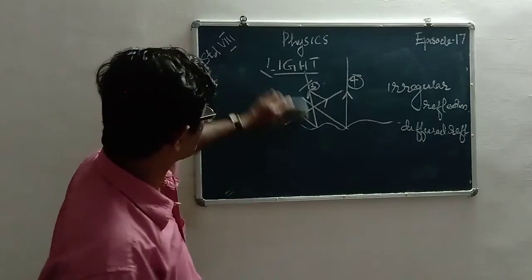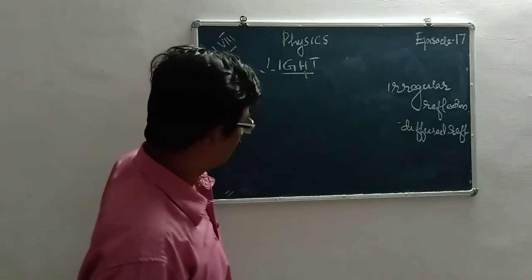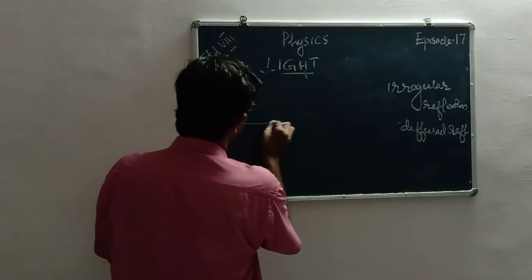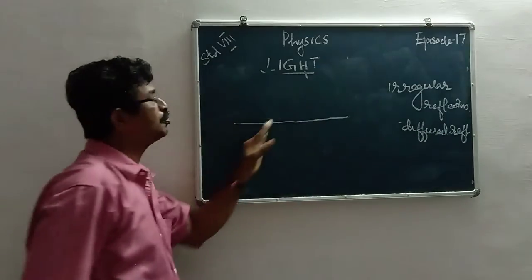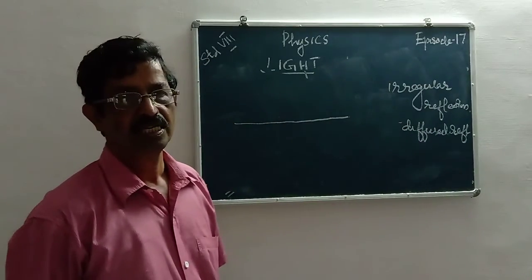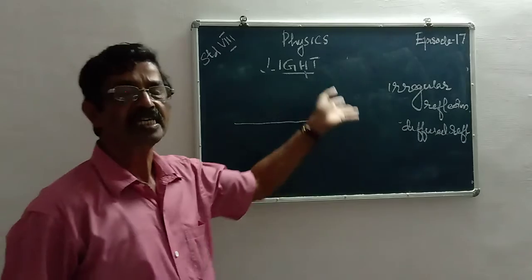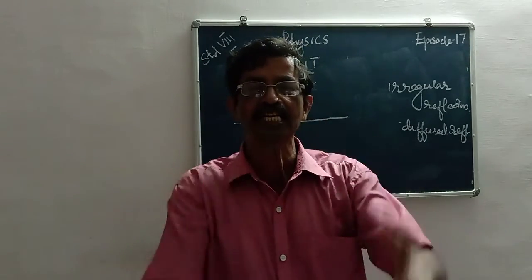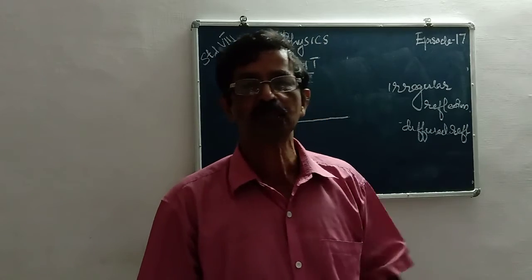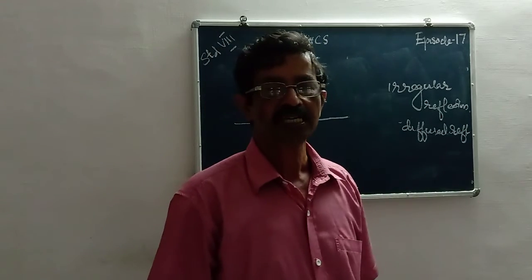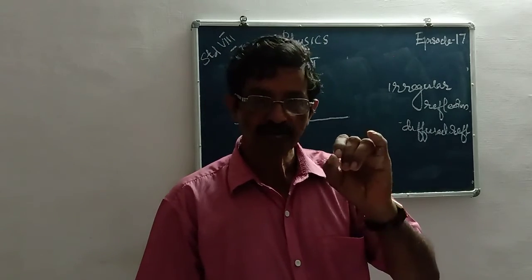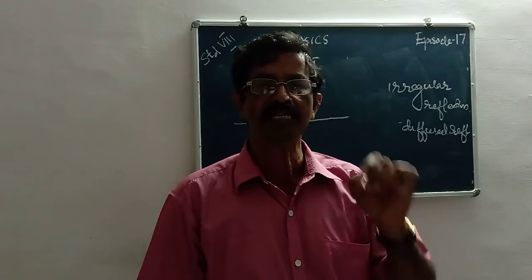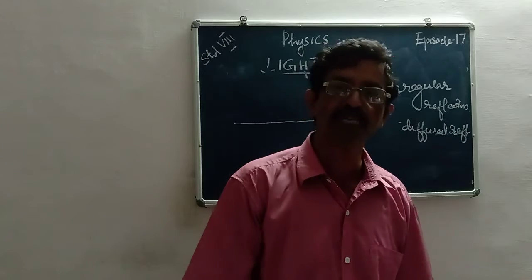Now we want to know about regular reflection. See, if the plane surface is smooth. Before, we saw that it was a plane surface, but it contained a large number of small pits and hills. So even though it was plane, it was rough.